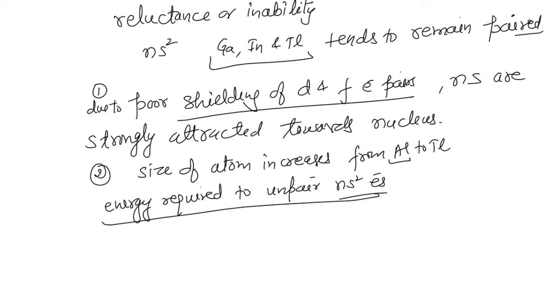and when it is unpaired, the bond is formed. When a bond is formed between the element and any other atom, the energy released is less because the size is large. That energy is not sufficient to unpair the electrons of the ns orbital, because s electrons are more attracted towards the nucleus than p electrons, as their penetrating power is more.